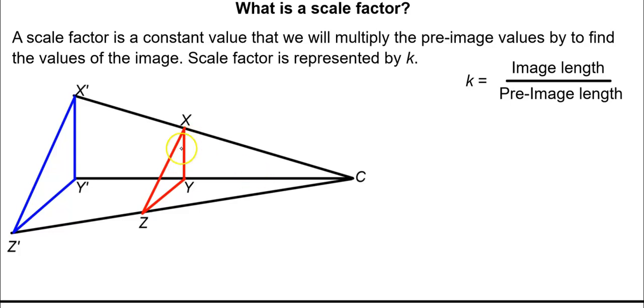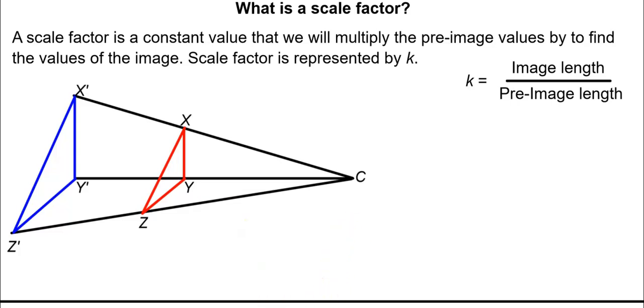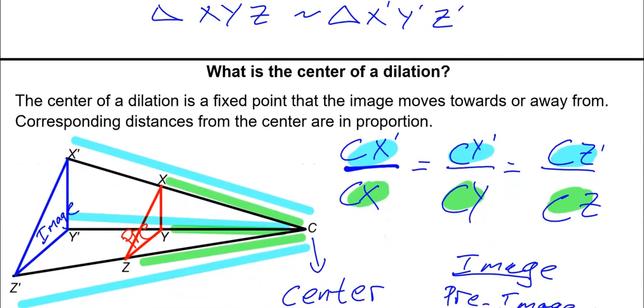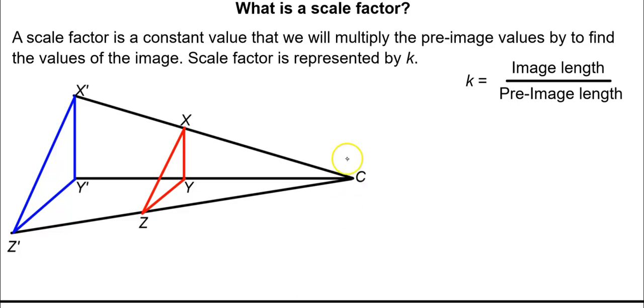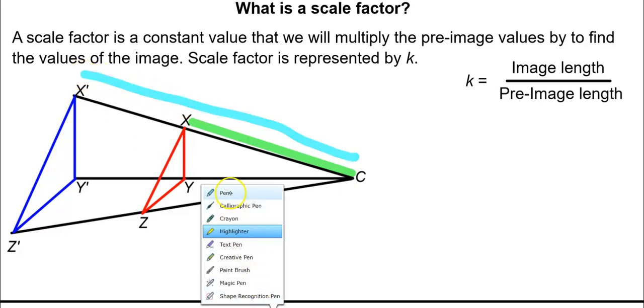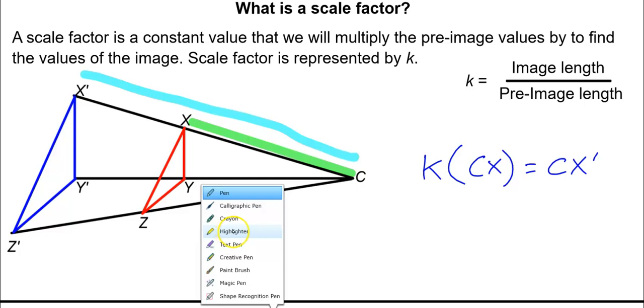So what this means, if my pre-image is green and my image is blue, how I can make an equation is if I take K and multiply it by CX, that's going to give me the length of CX prime.